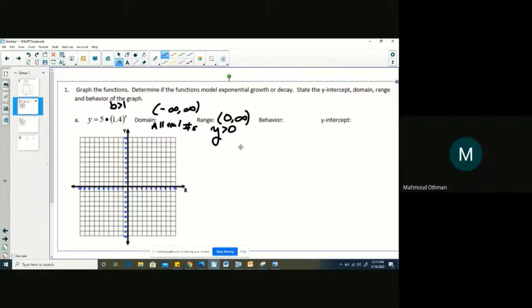Let's take a shot at graphing this guy. So to do it by hand, you need to gather a couple values. So make a table. Go from -2, -1, 0, 1, 2.